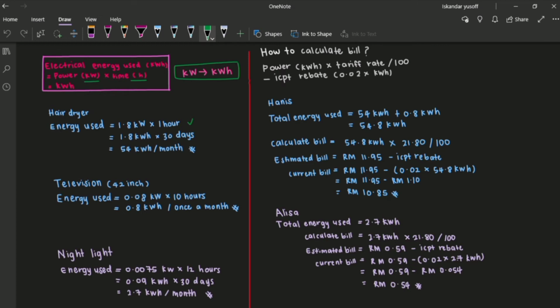Then, the answer is 1.8 kilowatt hour and we need to multiply with 30 days to find the energy used for 1 month. So, we will get 54 kilowatt hour as energy used by the hairdryer for 1 month.